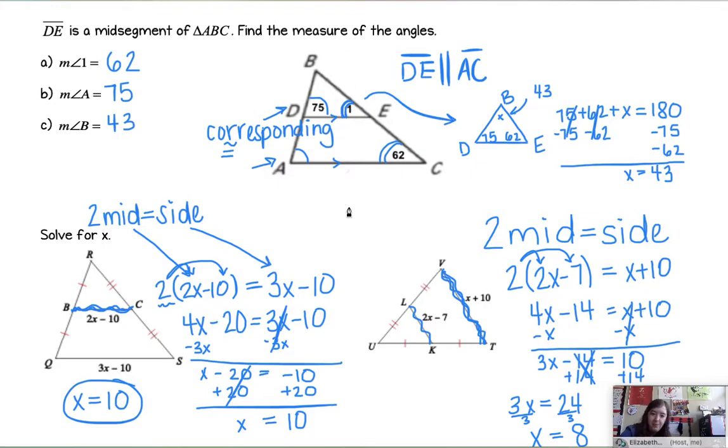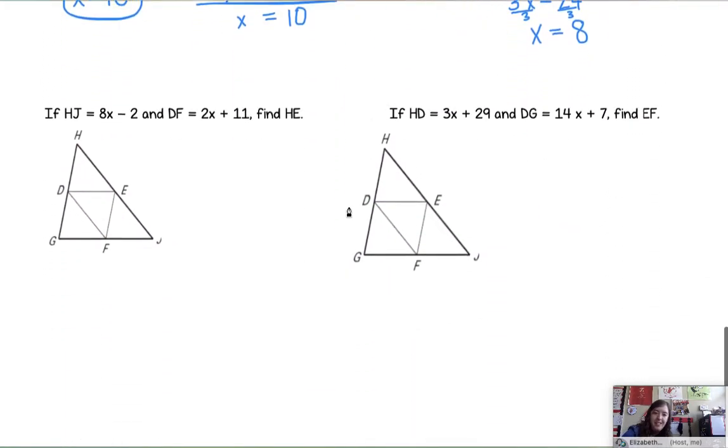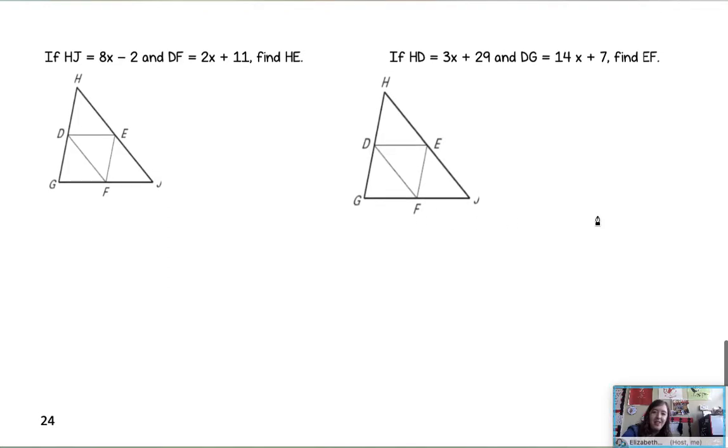Okay, I'm going to go ahead and scroll. All right, so it says if HJ is equal to 8x minus 2 and DF is equal to x plus 11, find the length of HE. So here we go.